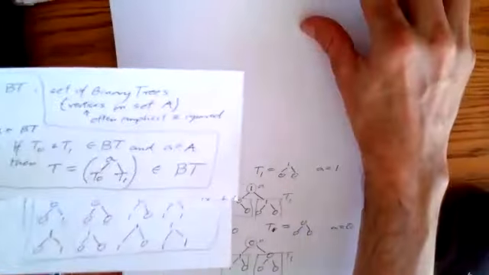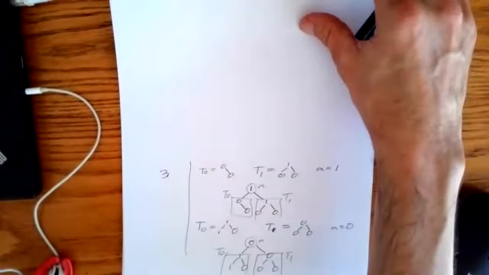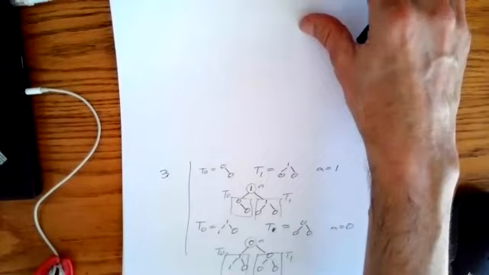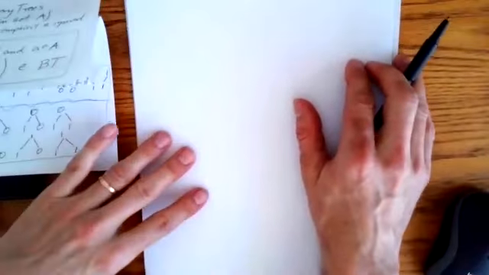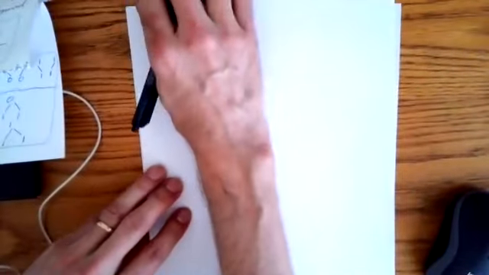Okay. Let's define some useful functions over binary trees. So here is my recursive definition of binary trees again.